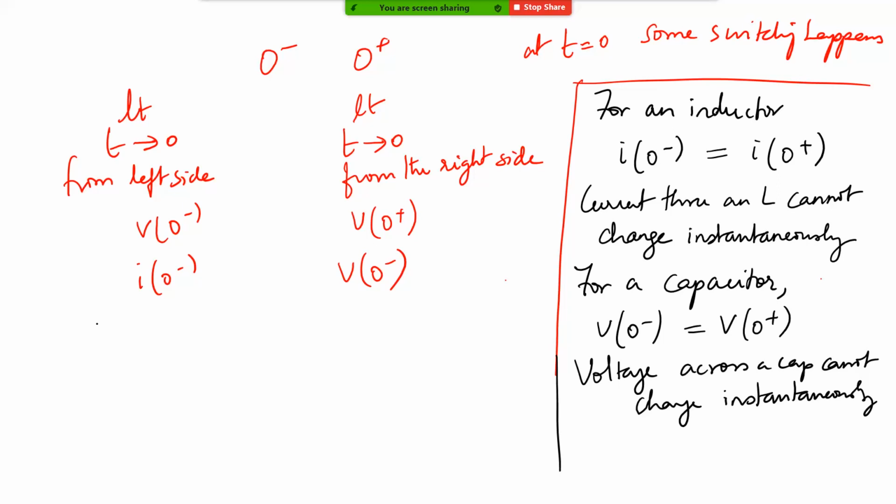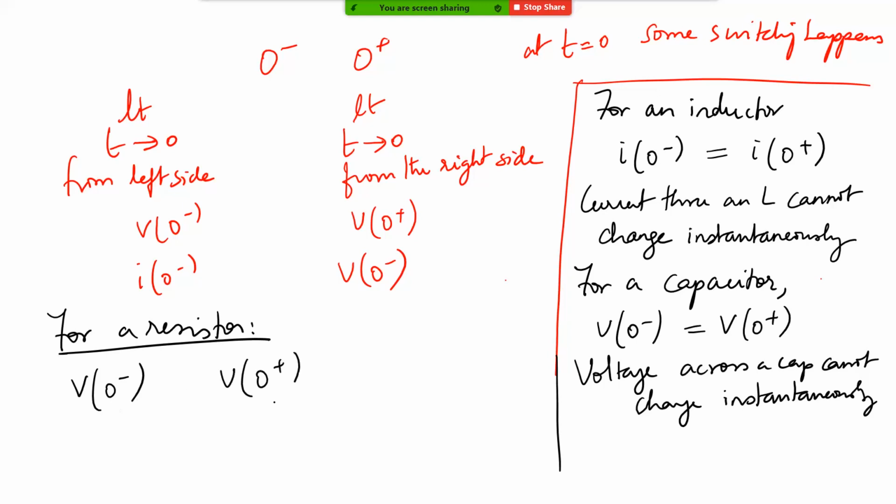Now, what can you say for a resistor? Let's say there is a V of 0 minus and V of 0 plus. Of course, in a resistor, both follow. What can we say about this? Are they equal?